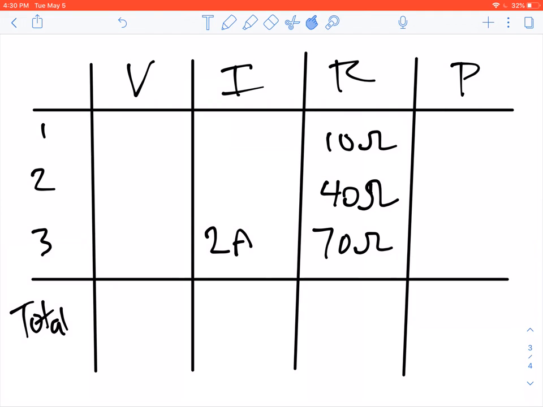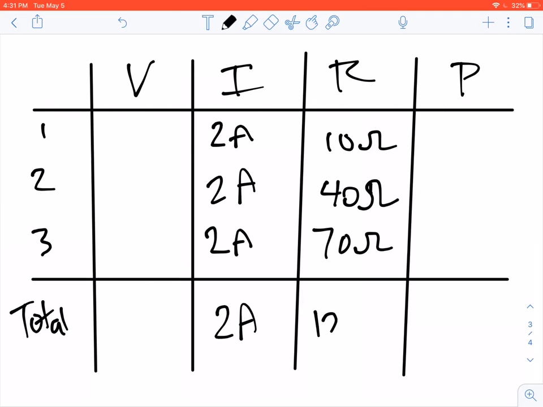I can start by using my current rule and say that there's 2 amps going through everything in the circuit. And I can use my resistance rule to say that the total or equivalent resistance is the sum of the individual resistances. So 70 plus 40 plus 10 is 120 ohms. Then I can look at the individual voltages. 2 amps times 10 ohms is 20 volts.